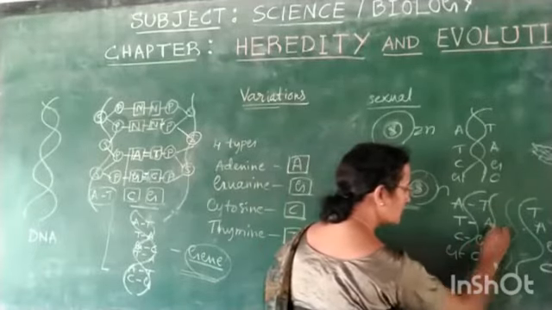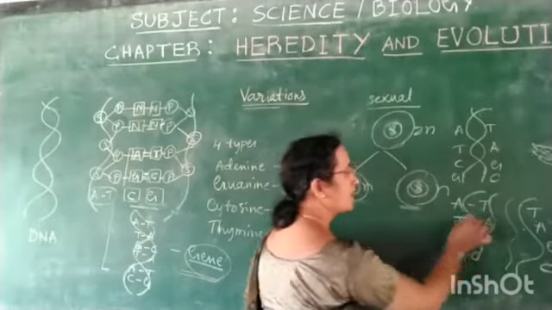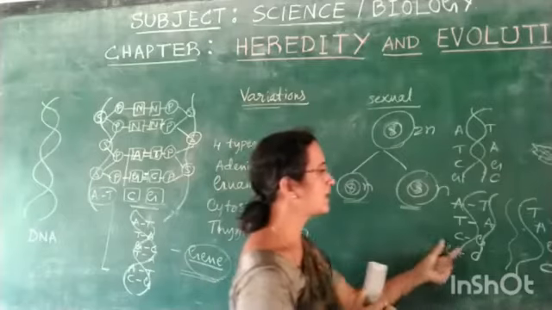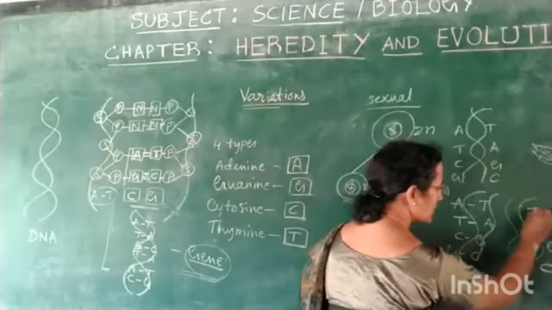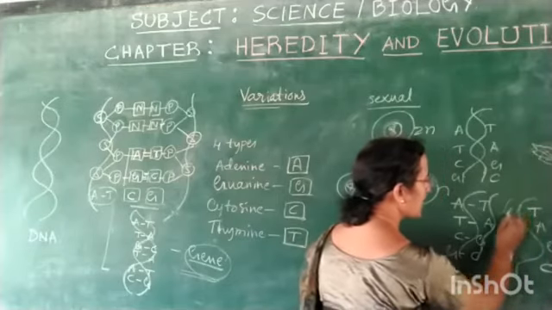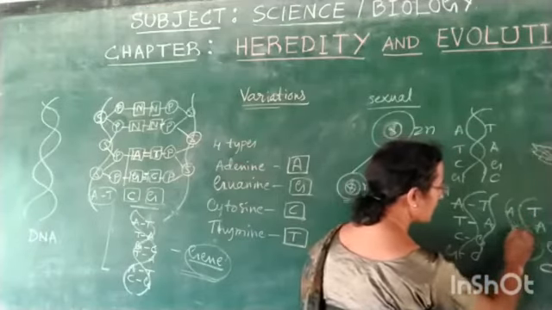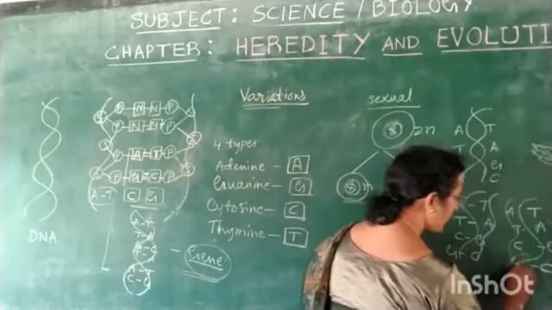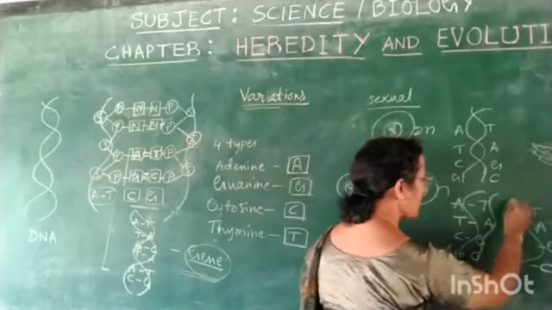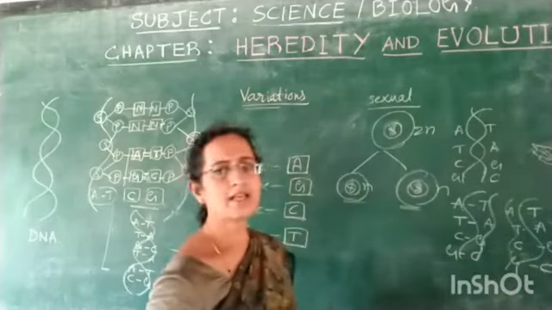So this new strand formed will be complementary to that of the original DNA. Like that, for this strand, for T, A is formed; for A, T is formed; for G, C is formed; for C, guanine is formed. Like this a complementary set of DNA is formed.